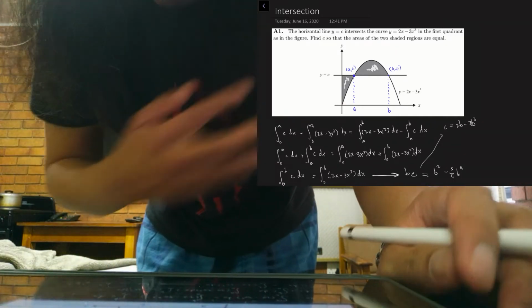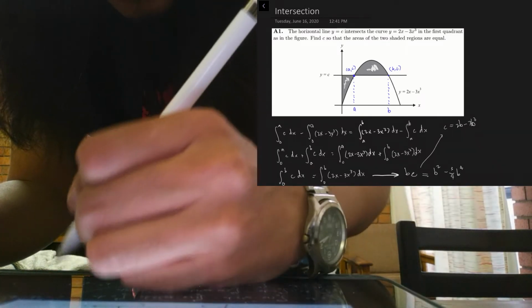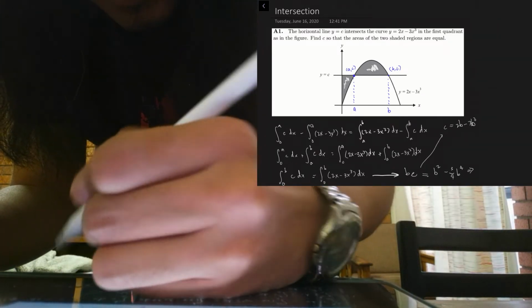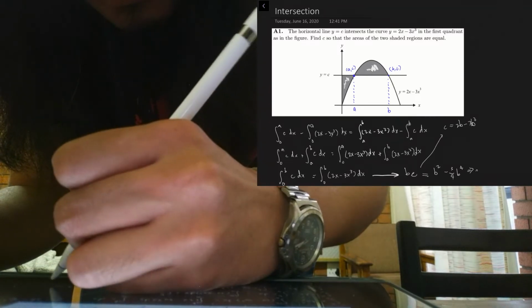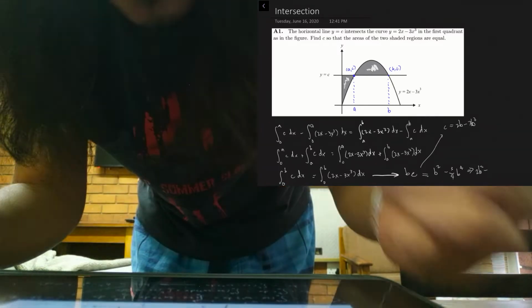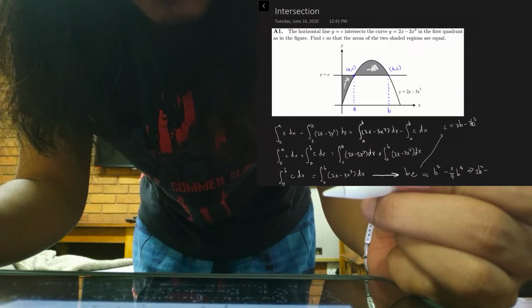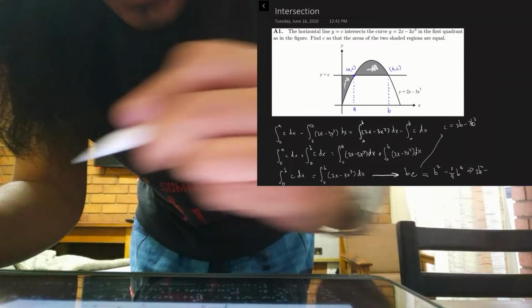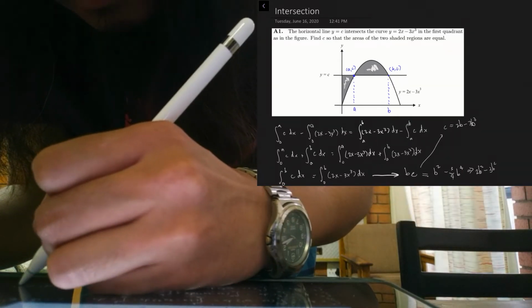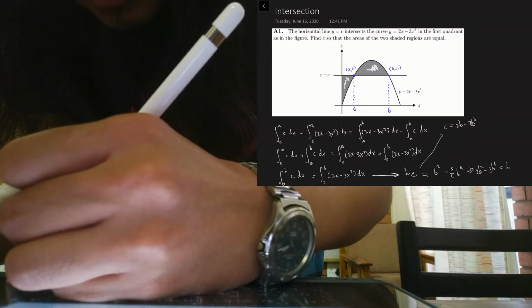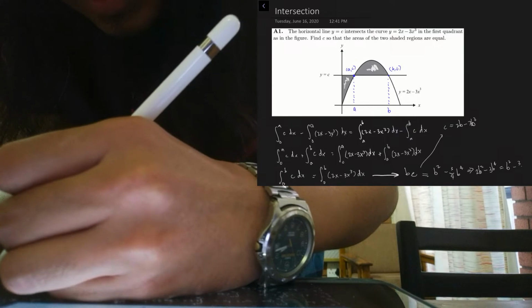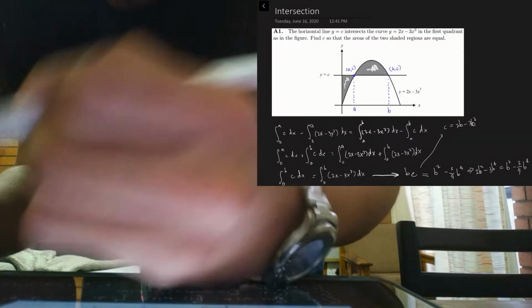So now we substitute that in this equation. This equation further simplifies to 2b squared minus 3b to the fourth, and of course, the right-hand side is still b squared minus 3 over 4 b to the fourth.